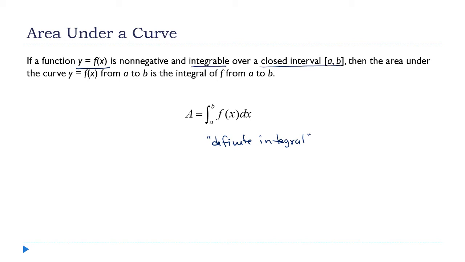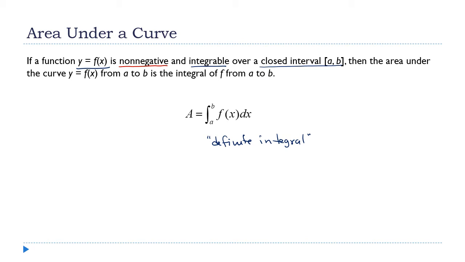You notice I did throw in one little extra caveat here. The function has to be non-negative. When functions become negative, weird things are going to happen, because then the function values are going to be negative, and when we multiply those function values by the delta x's, the areas of our rectangles are going to come out negative, and that's kind of weird, because usually when we talk about area, we only mean area in a positive sense. That's why that non-negative gets thrown in there.